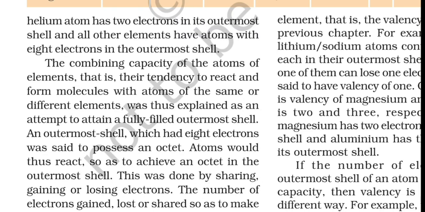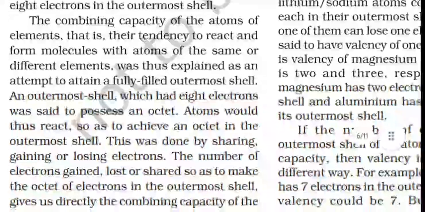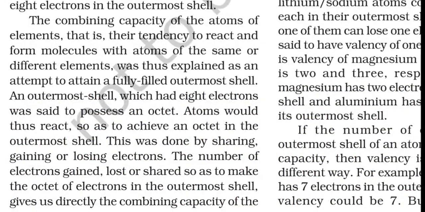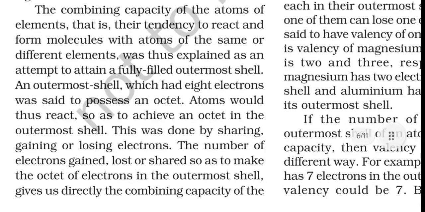So 8 electrons present in the outermost shell is known as the octet. Atoms would thus react so as to achieve an octet in the outermost shell. This was done by sharing, gaining or losing electrons. If electrons in the outermost shell are fewer or more than 8, that atom can lose, gain or share electrons to complete its octet.